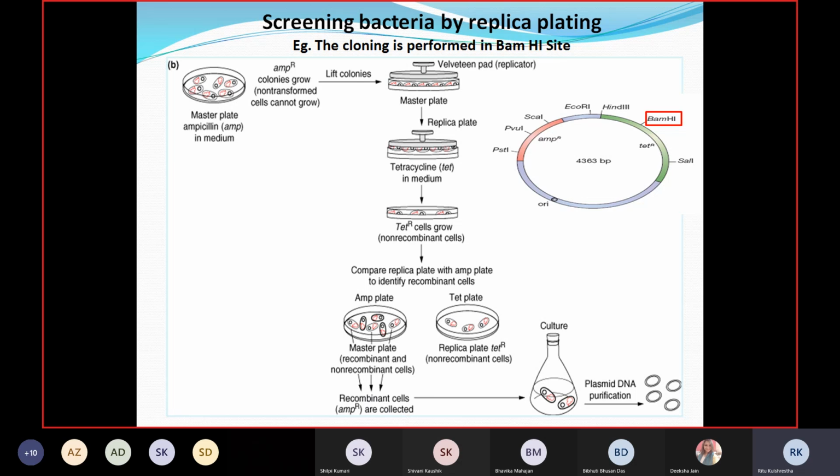Then I can pick up these bacteria and grow them in presence of ampicillin, and then I can isolate my plasmid, and this is how I can amplify my recombinant clone into multiple copies. I hope this is clear. If not, please let me know.